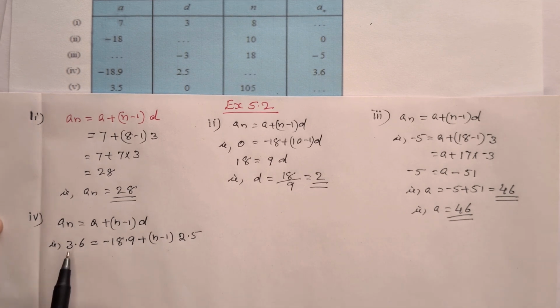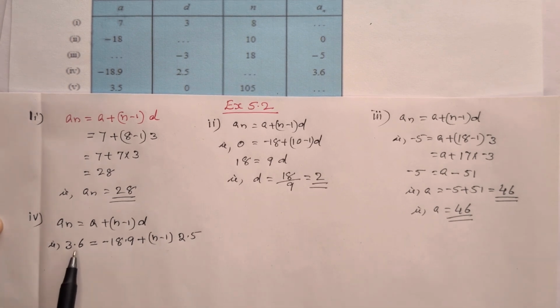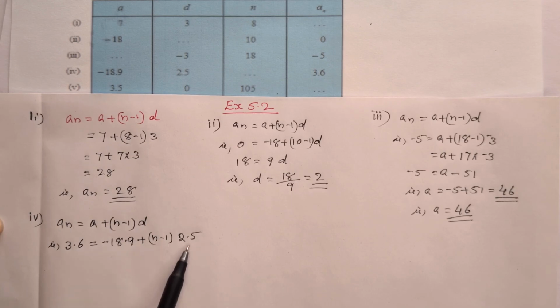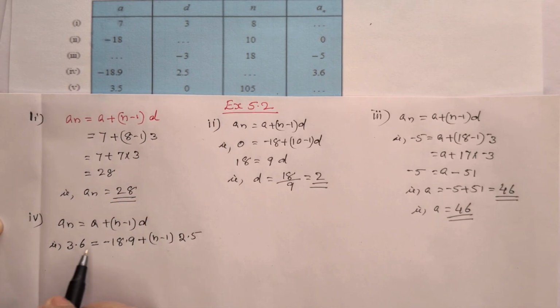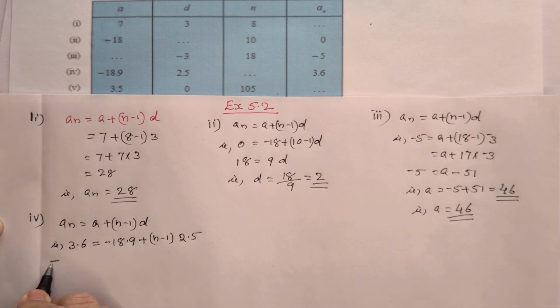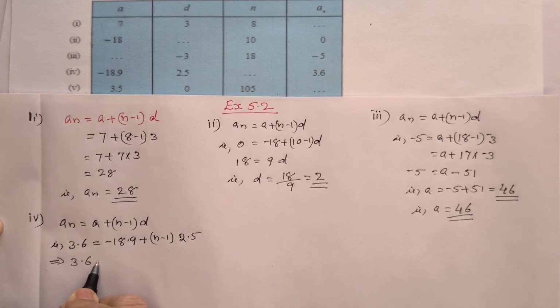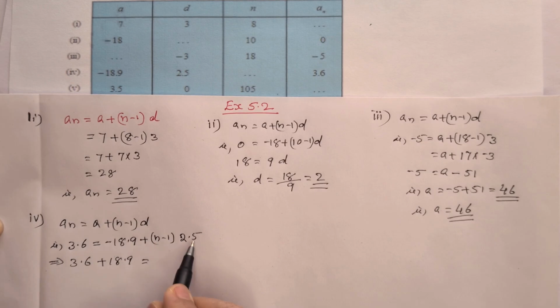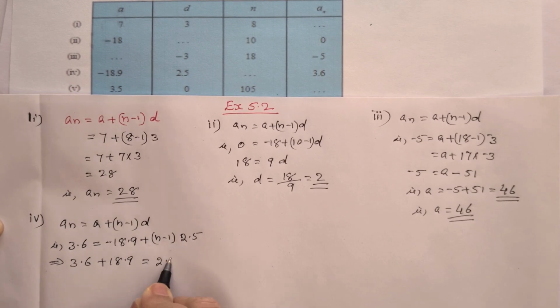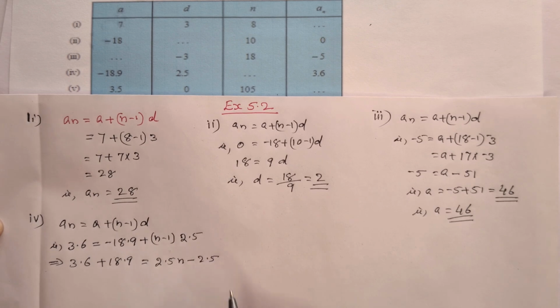Here fourth one. AN is given as 3.6, A is minus 18.9, N minus 1 into 2.5 as D. We have to find N. For that, 3.6, when you are moving minus 18.9 to this side, it will come 3.6 plus 18.9 is equal to, open this bracket, 2.5 N minus 2.5.